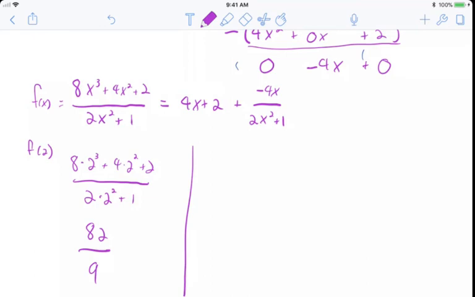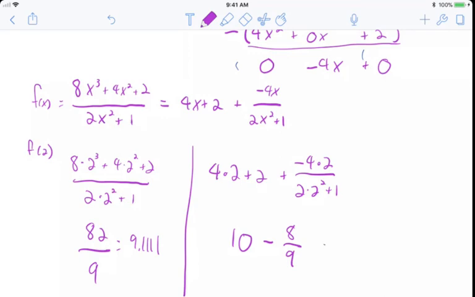And on the right hand side, when I stick a 2 in, you get 2 plus 2 plus minus 4 times 2 over 2 times 2 squared plus 1. So that is 10 minus 8 over 9. I'll evaluate this on my calculator. 82 divided by 9 is 9.1111. And this is 10 minus 8 divided by 9, 9.1111. So it's the same.